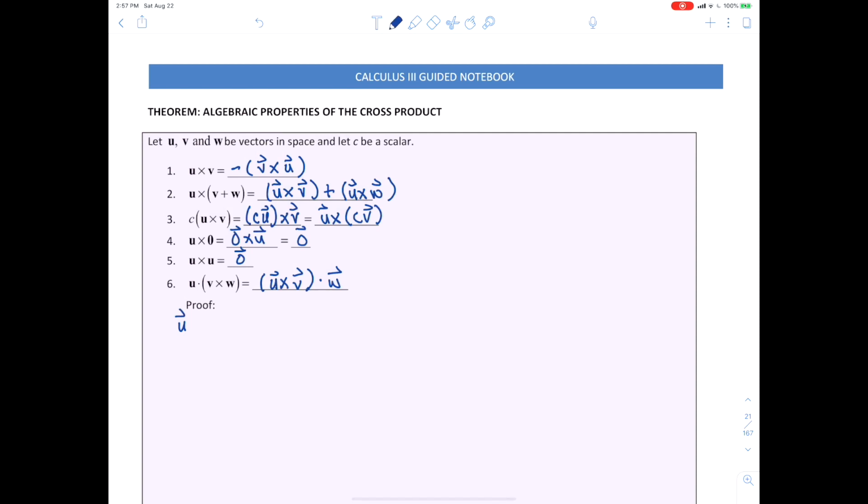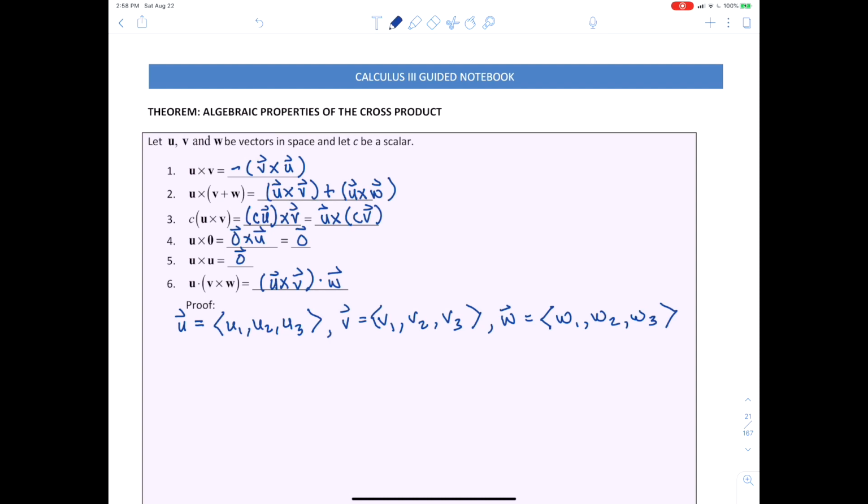We're going to have U is equal to U1, U2, U3. V is V1, V2, V3, and W will be W1, W2, and W3.